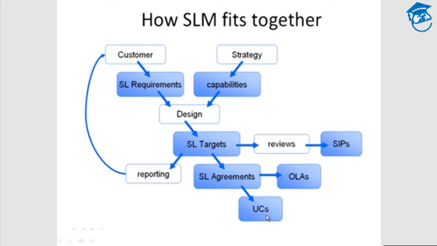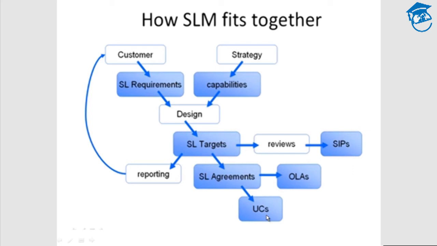But when they are making a contract with a third party, they become the customer and the third party is the service provider. So it's an SLA for the third party and the service provider. But when they are the service provider at their point, then it becomes an underpinning contract.